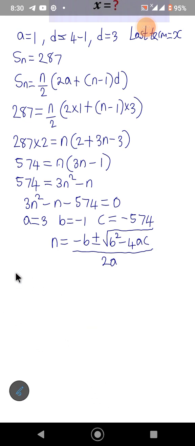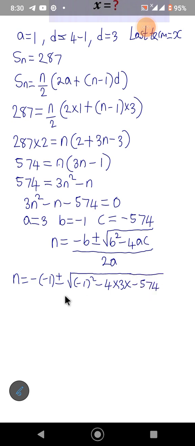Okay, I'll continue. Now n will be equal to minus b, and b is minus 1, so I'll open a bracket and put minus 1 inside, close it, then plus or minus the square root of b squared, b is minus 1, minus 4 times a, a is 3, times c, which is minus 574, then all over 2 times a, a is 3.